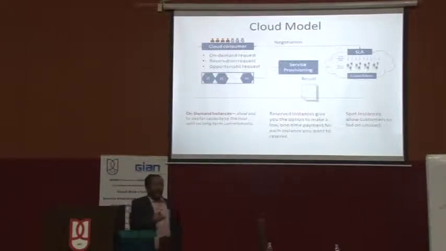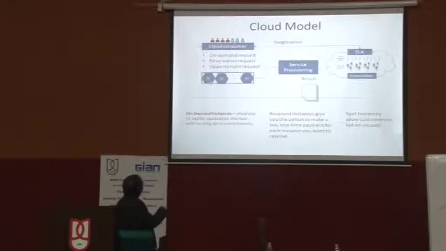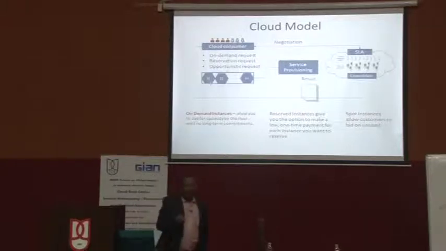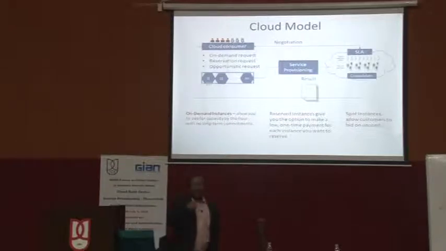If you have applications to run on the cloud, you can use one or multiple of these. You can ask for on-demand resources, or you can ask for reservation, opportunistic, or a combination of them.